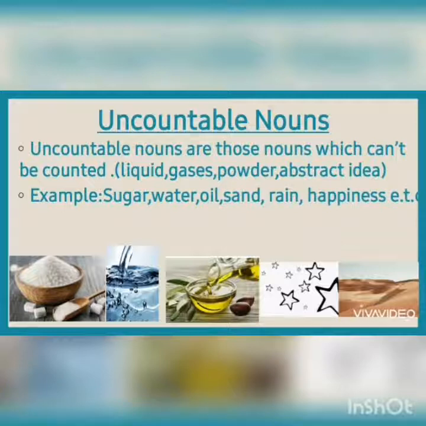For example, sugar, water, oil, sand, rain, happiness, etc. Unlike countable nouns, you don't say 1 sugar, 2 water, 3 oil, 4 sand, 5 rain, 3 happiness, etc. We cannot count these nouns.